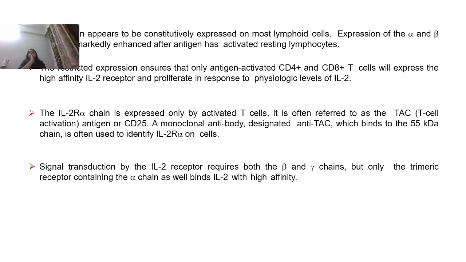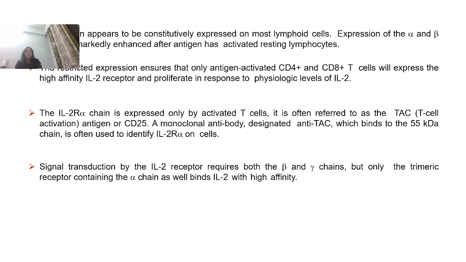So whenever this T cell is activated, this IL-2R alpha gets expressed on its surface, and it is often a marker for identifying an activated T cell. Its other name is CD25. You can use an antibody against this CD25, that is anti-TAC or anti-CD25, to isolate the cells and identify which are the activated T cells.